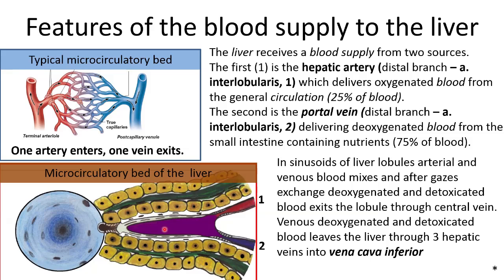Why miraculous? Because the typical network originates from an artery and finishes with veins, and in the liver it finishes in veins, but originates both from veins and arteries.